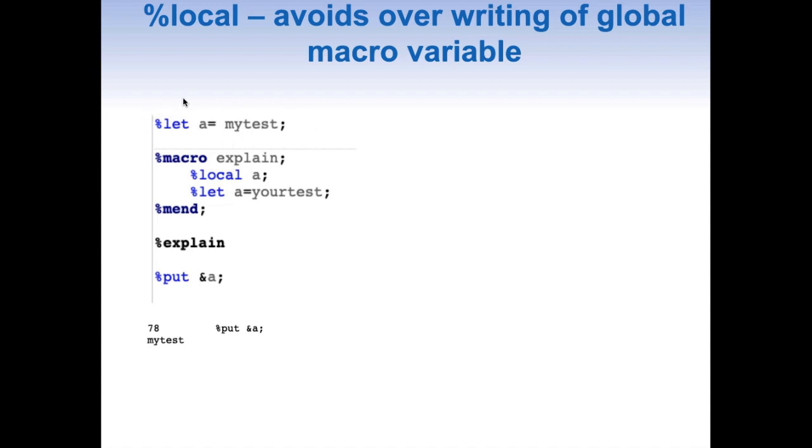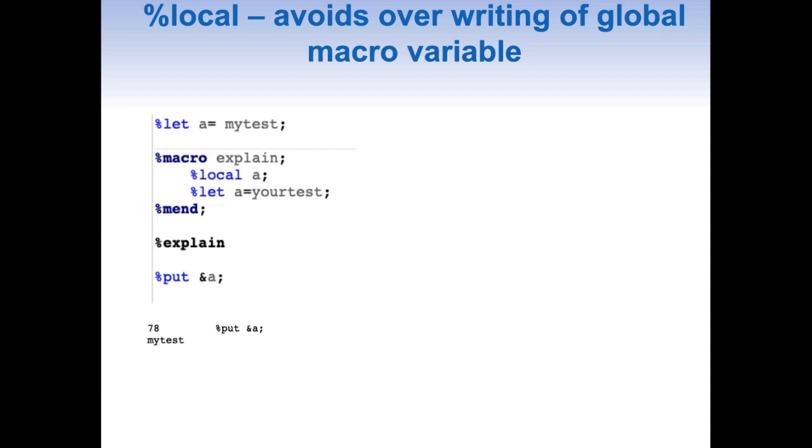Now once I run this %let statement followed by my compilation of macro and execution of macro, and then I do a %put &a, the macro variable value will be my test. So this value is kind of protected from this local macro variable by simply writing %local and the macro variable name.